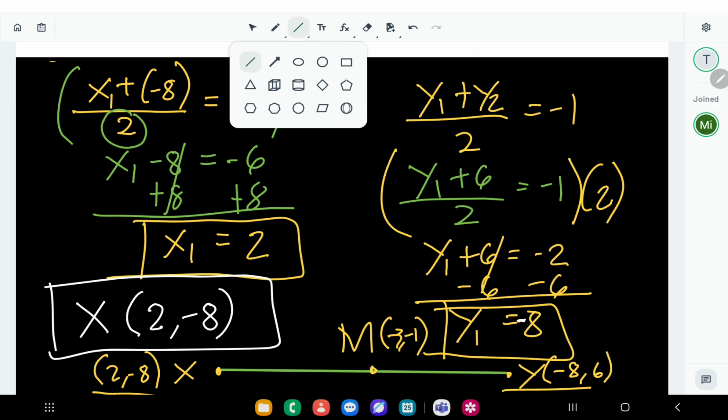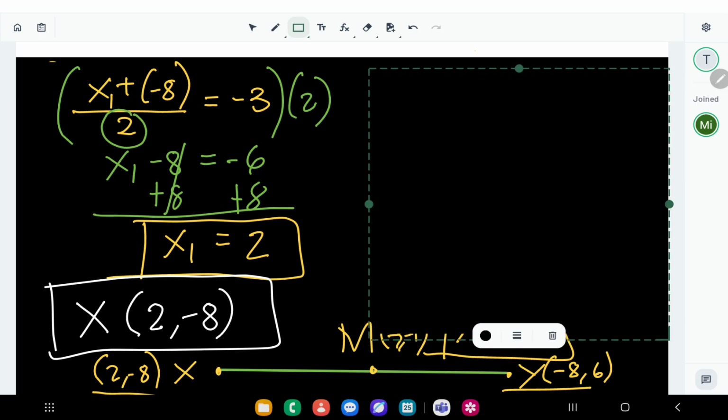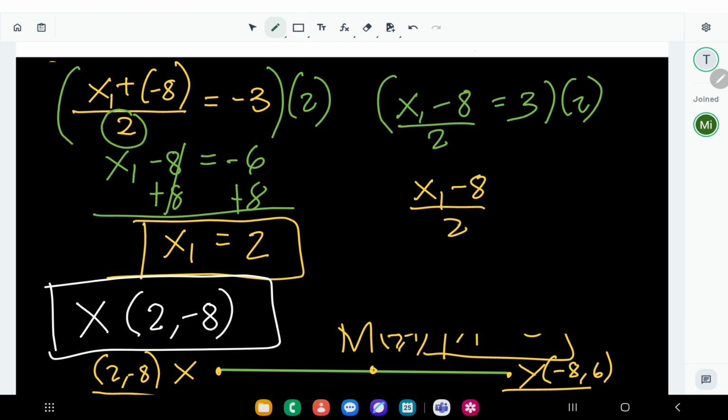Let me show you here. It's supposed to be like this because I didn't show you in detail. x sub 1 minus 8 over 2 equals negative 3. We multiply both sides by 2. So x sub 1 minus 8 over 2 times 2 equals negative 3 times 2.